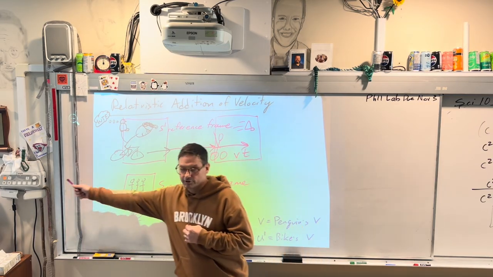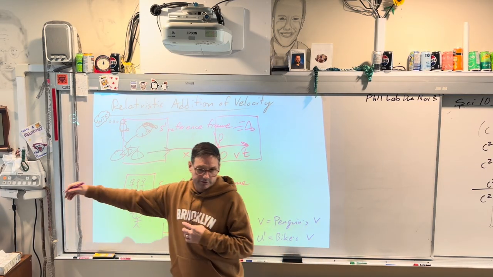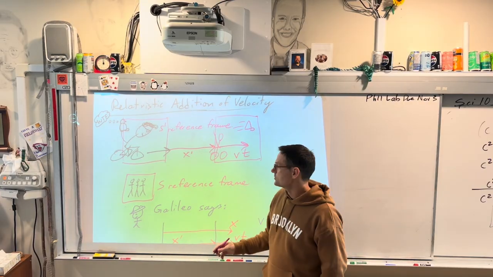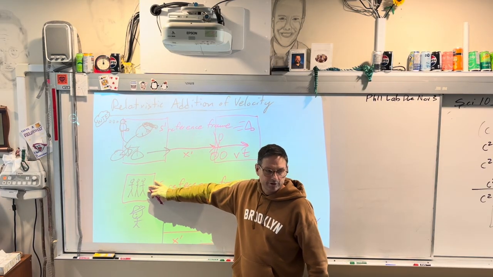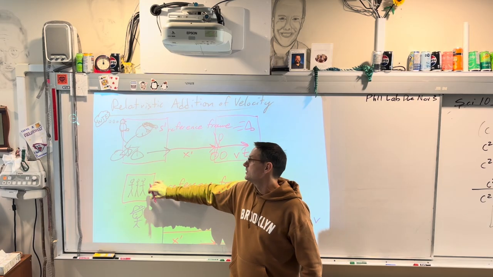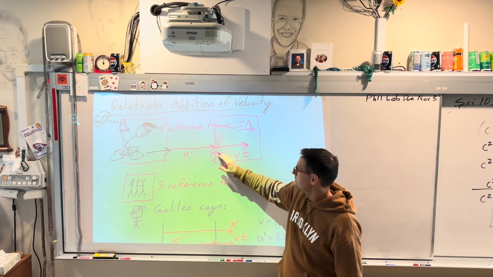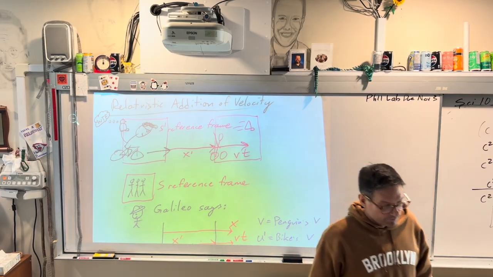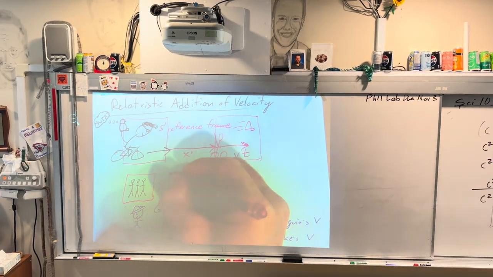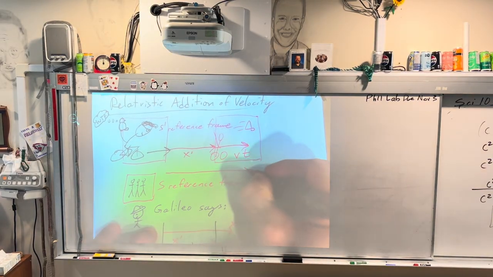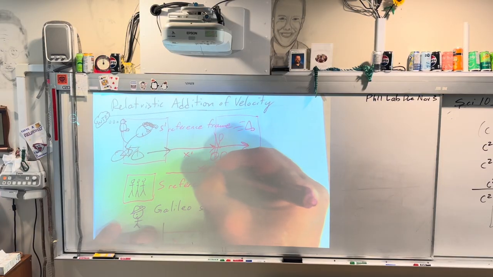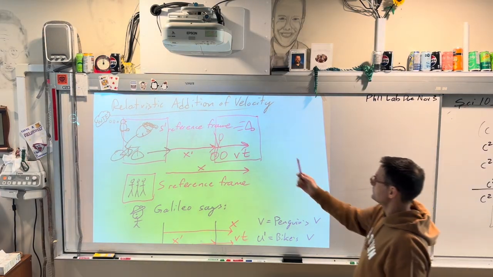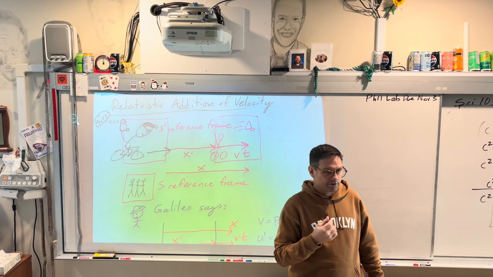We're moving backwards, right? But we're not going to confuse ourselves with that. We're just going to say, no, this is the proper thing. We're looking from here. Arsha's moving because he's riding his bike, and the penguin's being thrown. For us, we see a distance that the penguin moves, x. That's the distance the penguin moves in our reference frame.